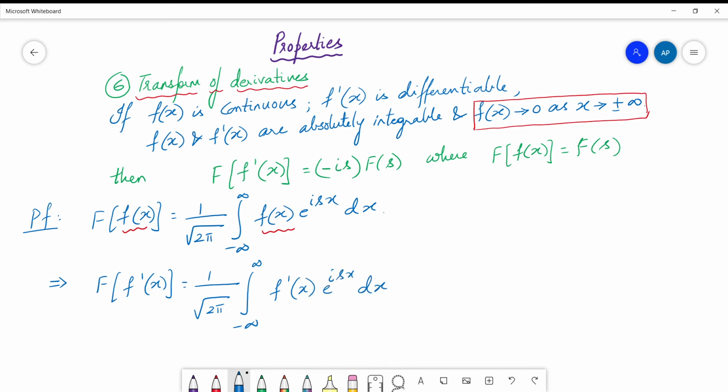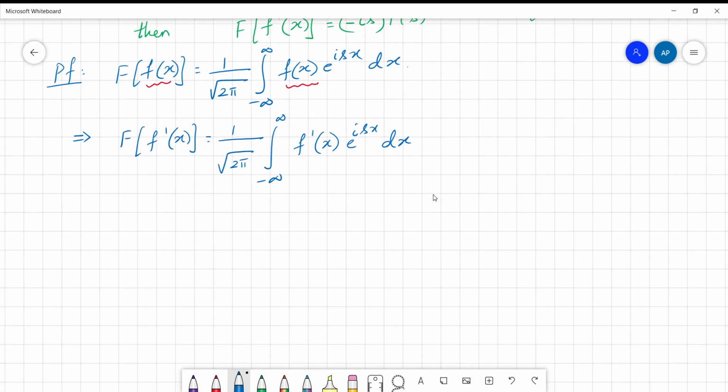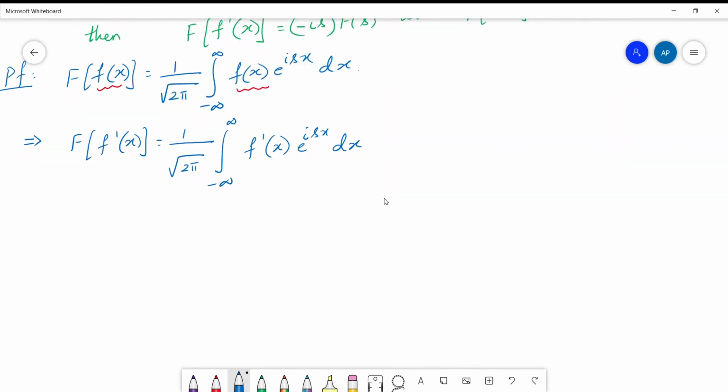Now we do have the u dv method, which is integration by parts, and we shall take it forward in the same manner. Here u is taken to be e power isx and dv is taken to be f dash of x dx.